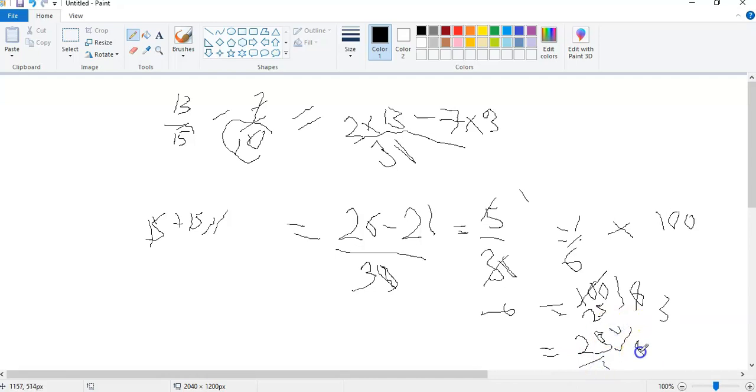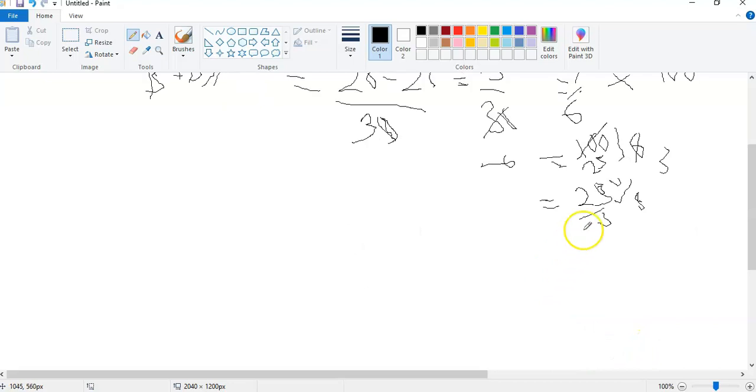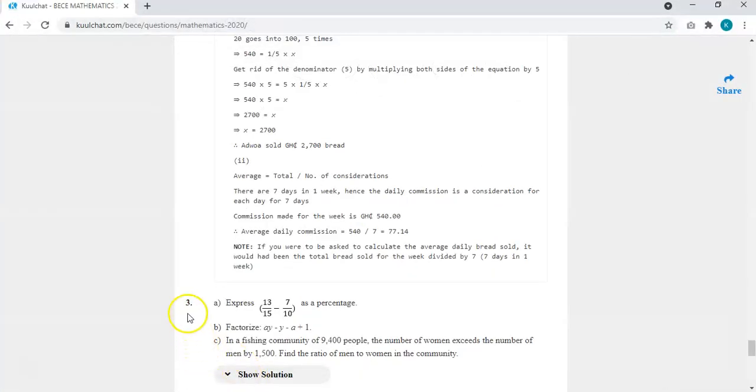Now you can simplify it to get it in decimals or change it to a mixed fraction. So the rest, I believe you can do that, but the result is on the website. So I'm just going to show you the result on the site.